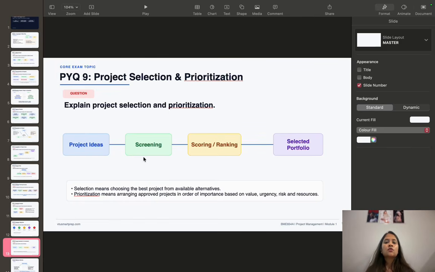So first project selection is done, and based on the selected projects, project prioritization is done using the keywords: value, urgency, risk, availability of resources, cost, and strategic importance. Okay, I hope it is clear.